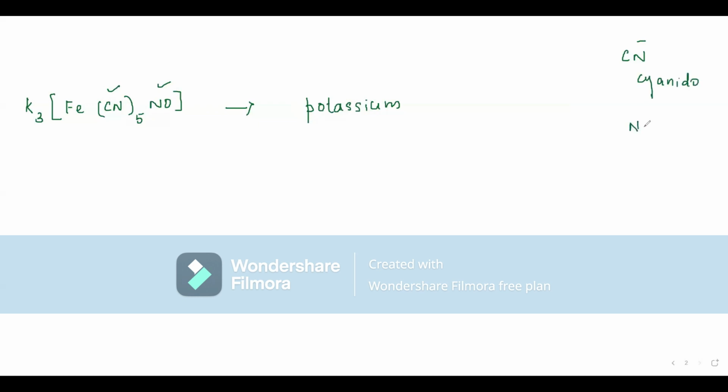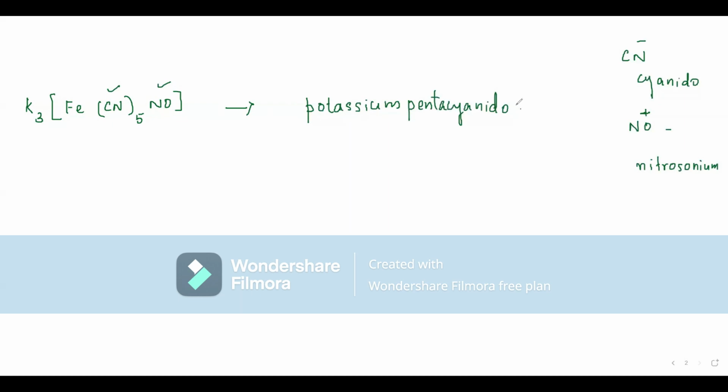And NO is nitrosonium. It is NO plus. So, when you name it, potassium pentacyanido.